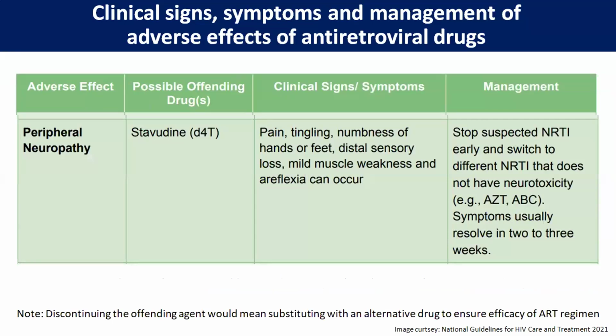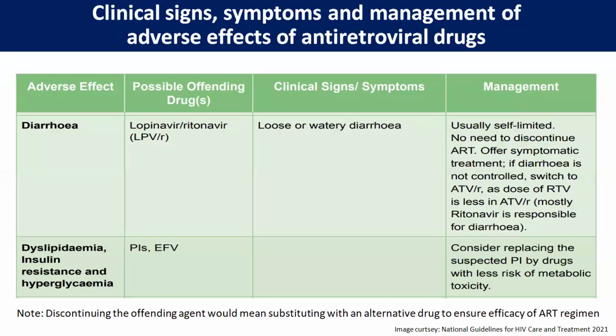Now, peripheral neuropathy. Stavudine was the most important drug for peripheral neuropathy. If you think of peripheral neuropathy and stavudine is the culprit agent, you have to stop the stavudine and consider another NRTI. In case of diarrhea, usually lopinavir-ritonavir causes diarrhea. Usually it will be controlled within 1 to 2 weeks.